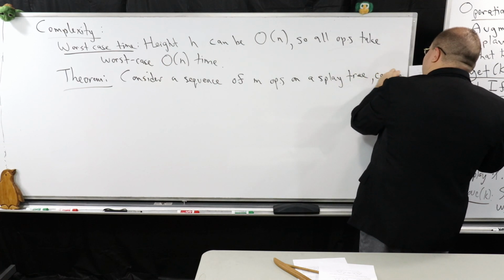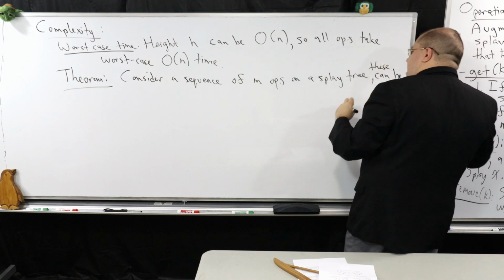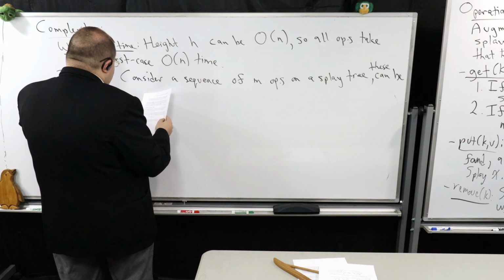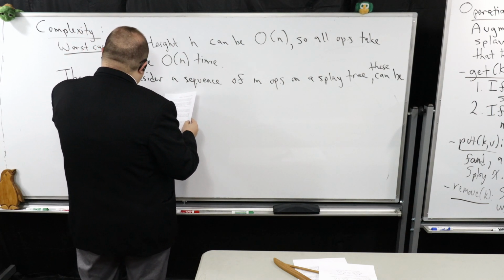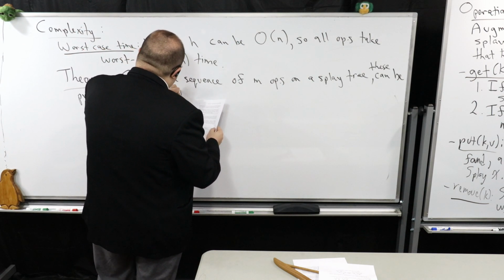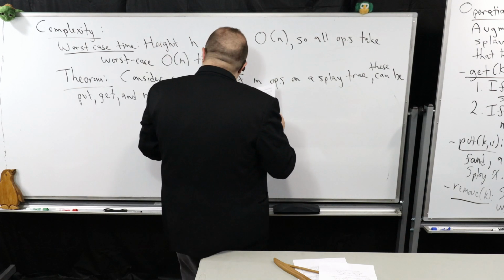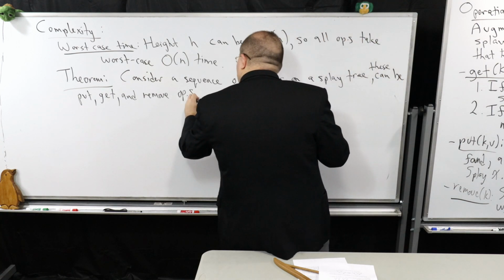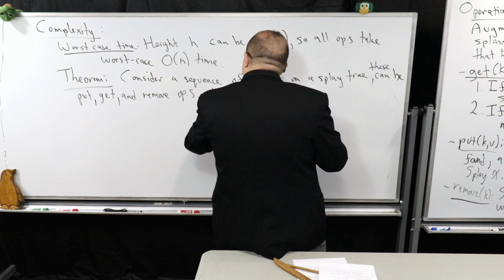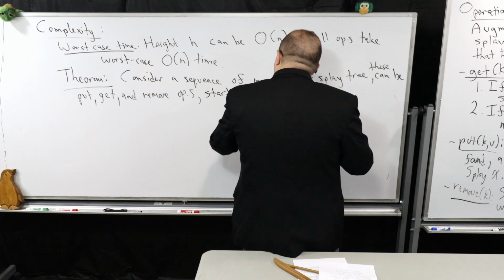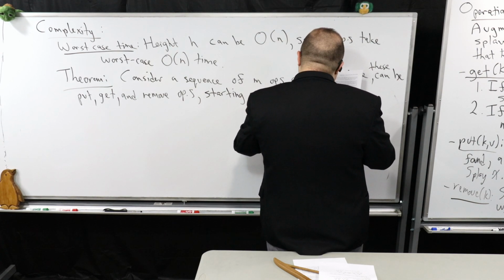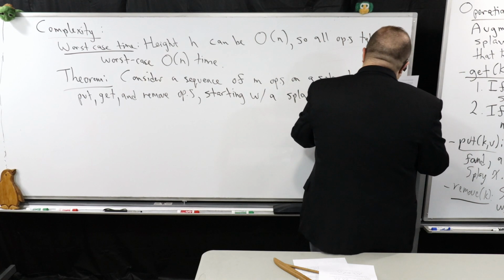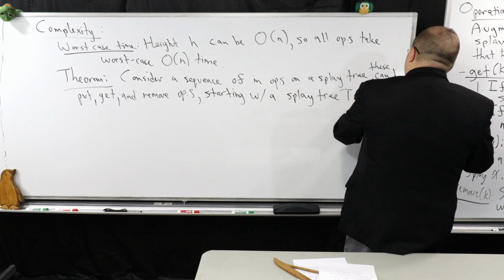These can be put, get, and remove operations, which obviously you put the splay operation in after each one. Starting with a splay tree T with no records.